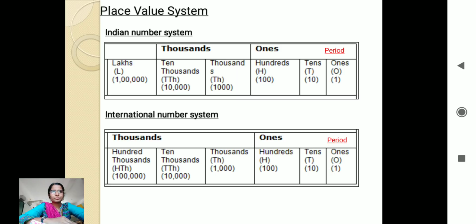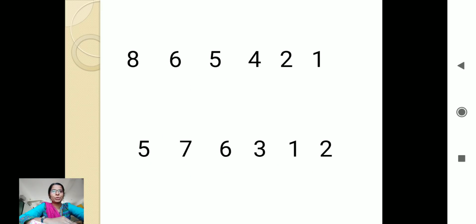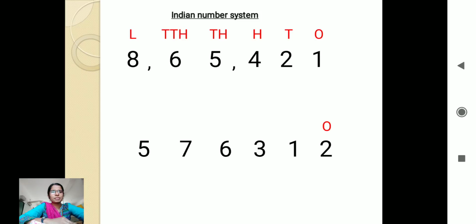Now see here, let us compare. I have given two numbers here. Let's begin with the first number. I will start writing the names of the places of this number. How will we start? Writing ones, tens, hundreds, thousands, 10,000s and lakh. This is in the Indian number system, right? Now let's see the second number, which is 576312.